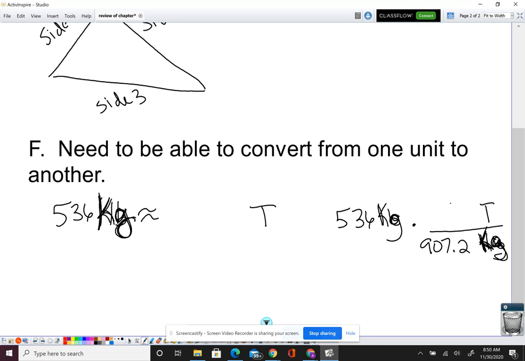907.2 kilograms in 1 ton. So I would do this multiplication then. So it actually would be a division problem, 536 divided by 907.2.